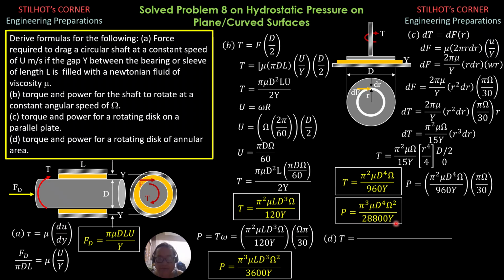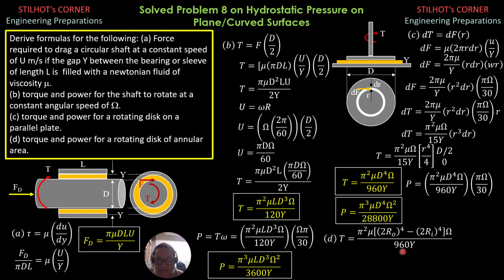Then for an annular area, the limits would be outer diameter to the fourth minus inner diameter to the fourth. Outer diameter is 2 times outer radius. We just replace this diameter to the fourth by this expression. Then inner lower limit, 2 times r inner to the fourth, times omega for the torque over 960 times thickness y, or distance between the thickness of the gap.